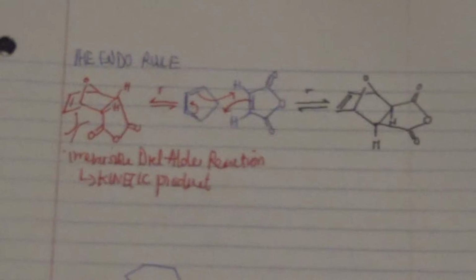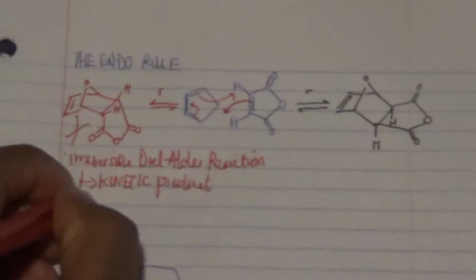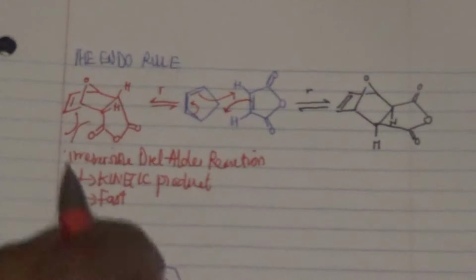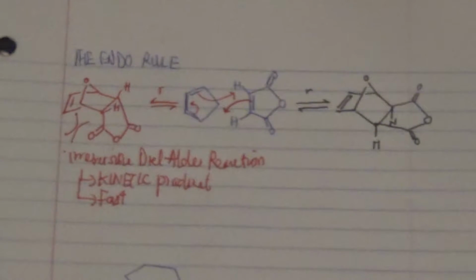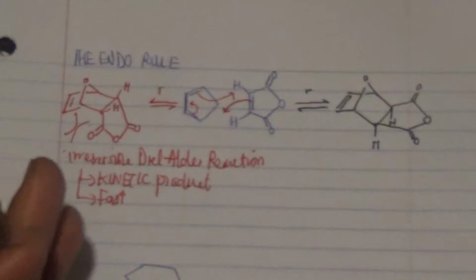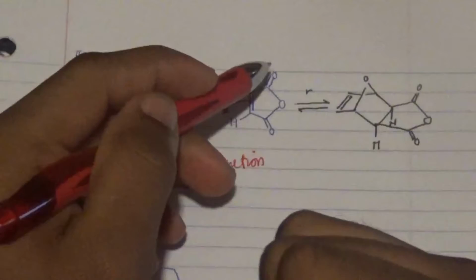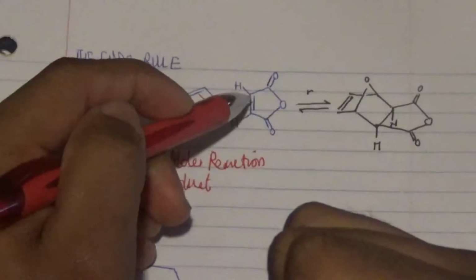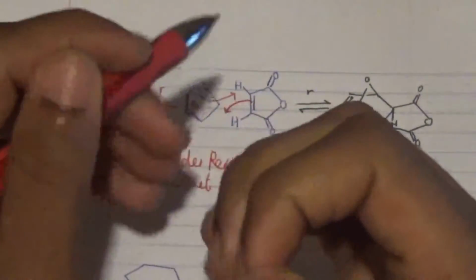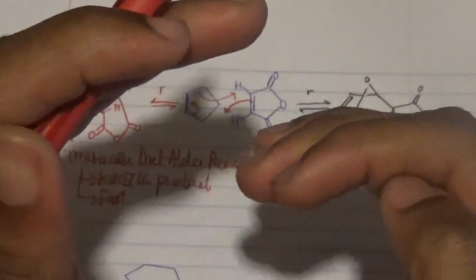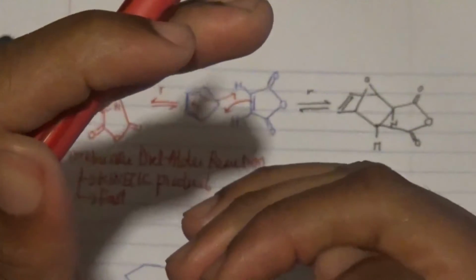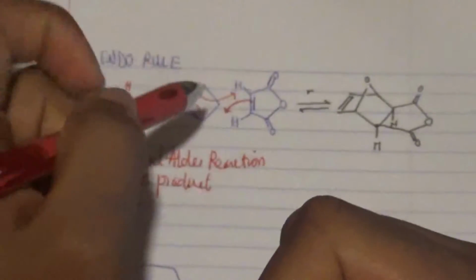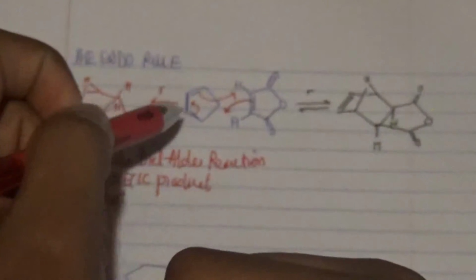On the other side, this product tends to be formed really fast, and one of the reasons why this bond is formed fast is the bonding interaction with the electron deficient pi system, which is caused by the electron withdrawing group over here. Once there's an interaction, there's a kind of pi stacking where the pi electrons generate an interaction with respect to our diene over here.